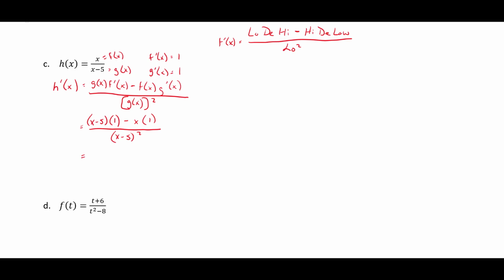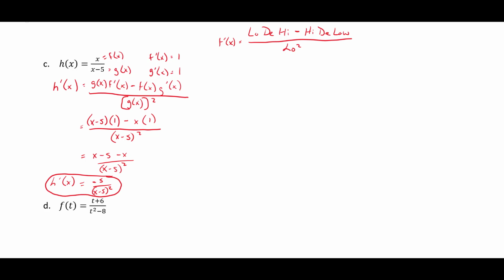Cleaning it up a little bit, x minus 5 times 1 is just x minus 5, minus x, all over x minus 5 squared, and x minus x cancels, so we're left with negative 5 over x minus 5 squared, and that's as much as we can do. You could multiply this back out, but we're normally not going to want to do that because of what we're going to do next.